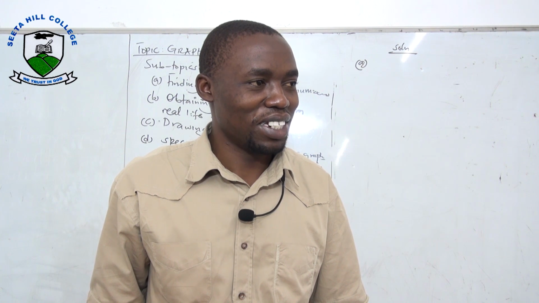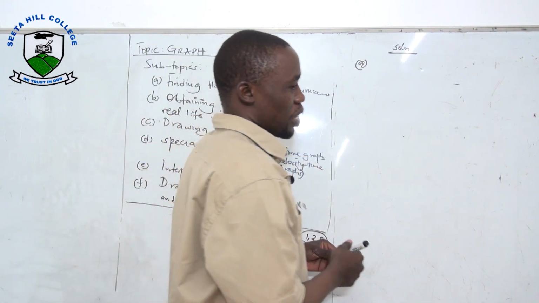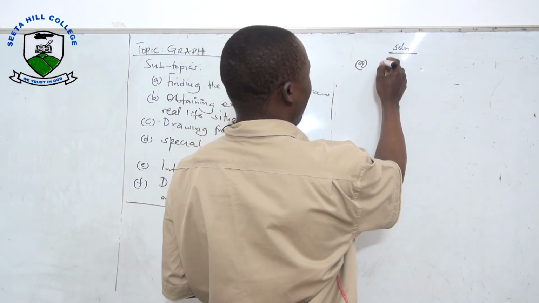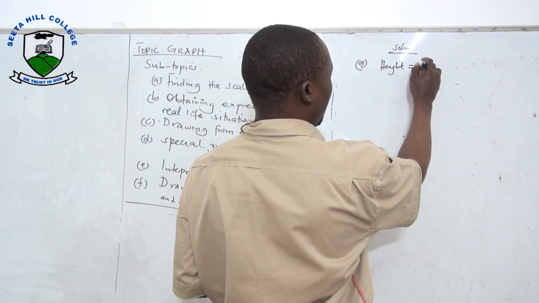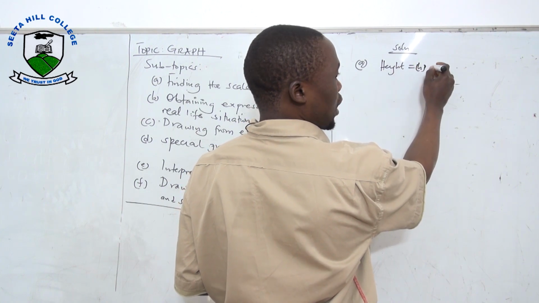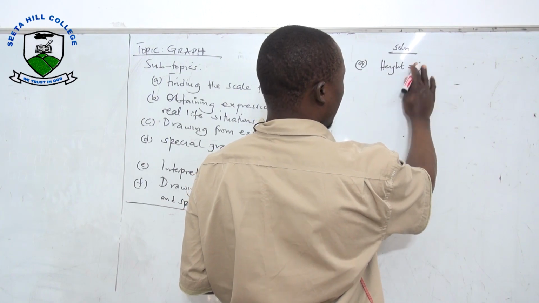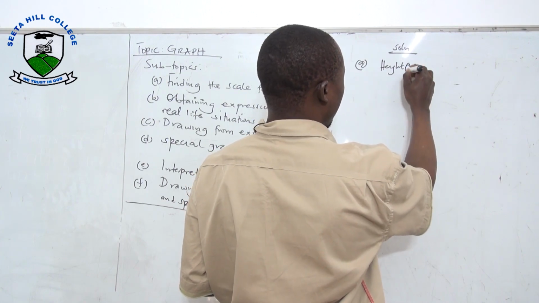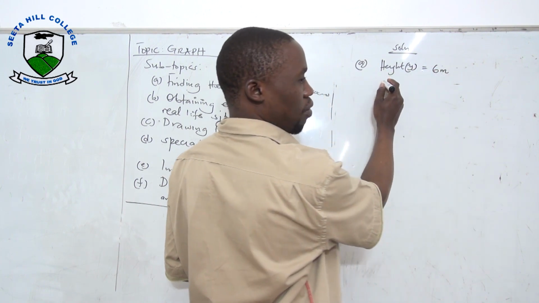What have you thought? Height is represented by h, and for this case the height is y. Originally it is 6 meters. Then what else is the variable there?